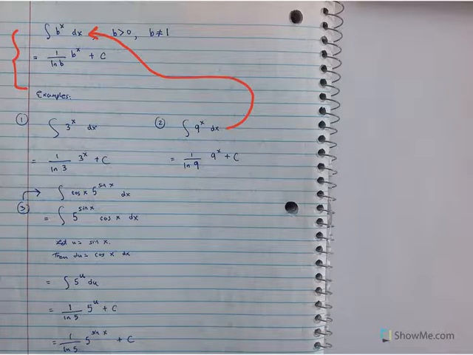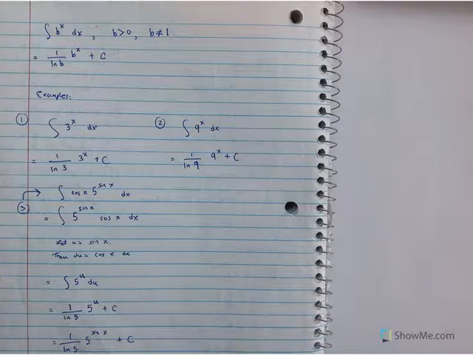We look at our integration rule. Whatever the base is, we will have 1 over the natural log of the base in the antiderivative. In our problem, the base is 9, so we have 1 over the natural log of 9. And then we multiply that by b to the x, which is what we have for the integrand. So we multiply that by 9 to the x, and then we have plus c, our constant of integration.